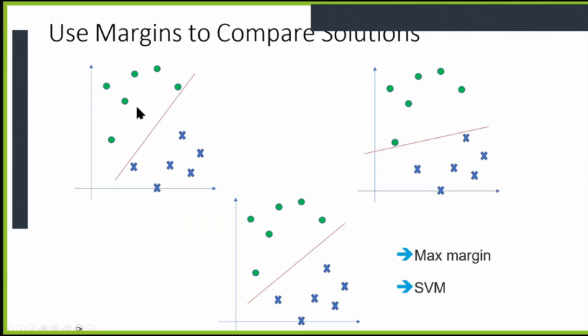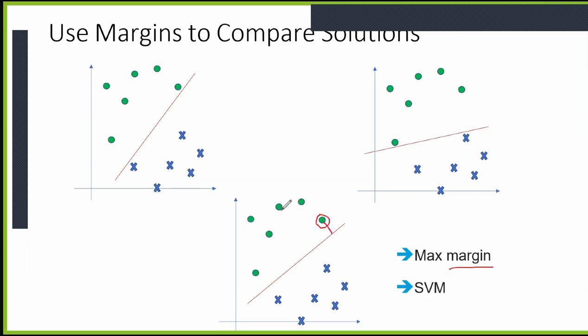Right. So now we understand what a margin is. When we are talking about a set of samples, margin is the distance from the closest data point, which here it's a little ambiguous which one is closer, but let's just assume this one is closer.